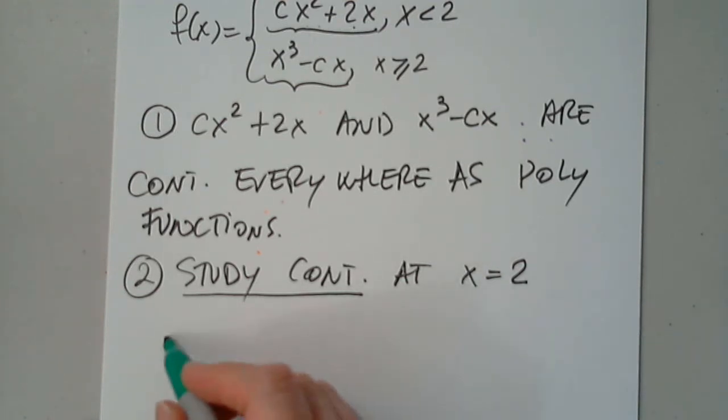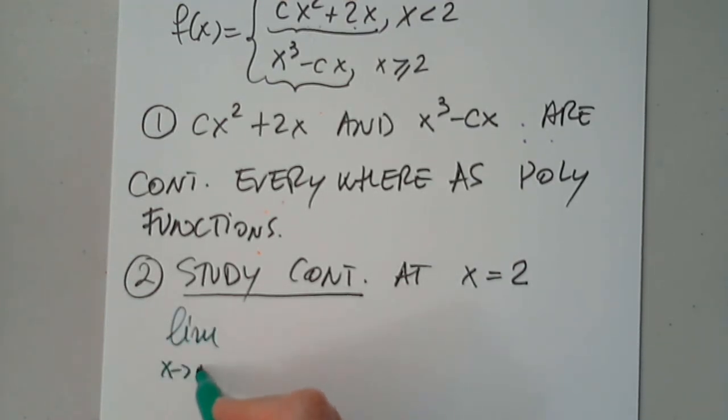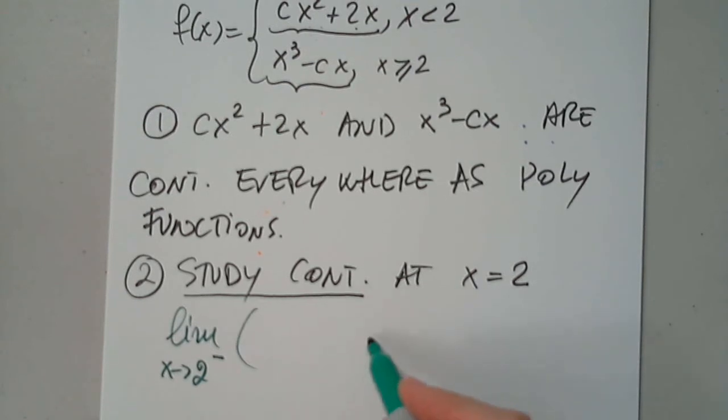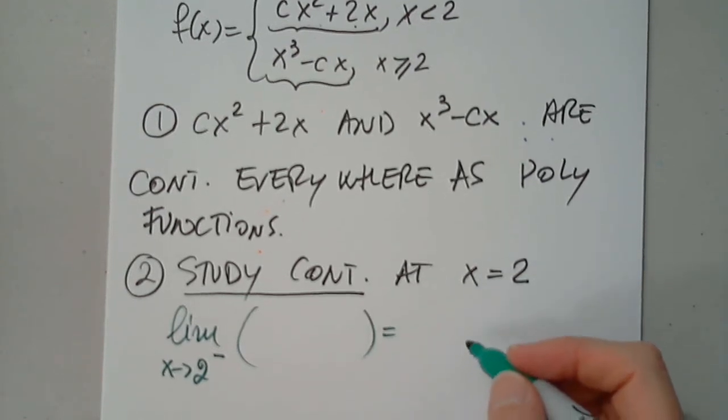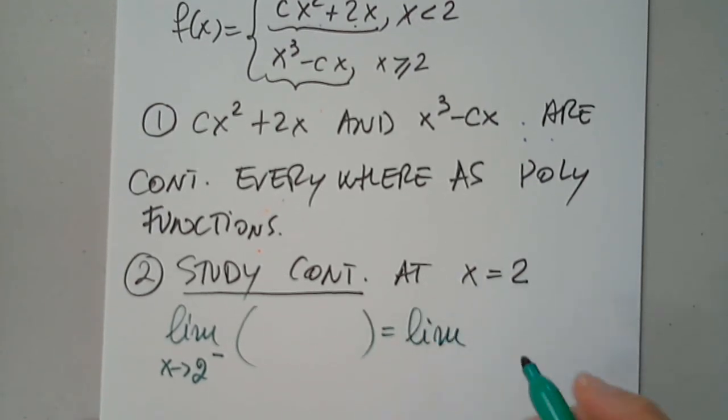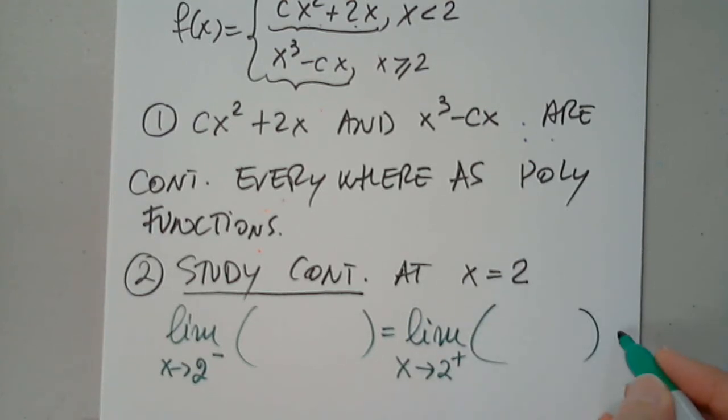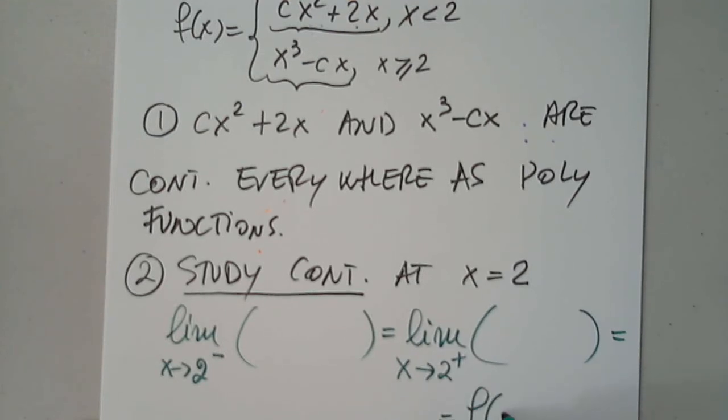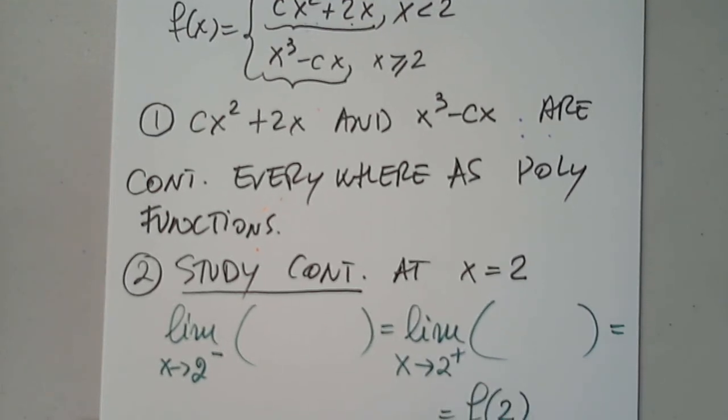The limit as x approaches 2 from the left of f of x. Excellent. Equals the limit as x approaches 2 from the right. Very good. Must equal f of 2. Excellent. What do I put in here?